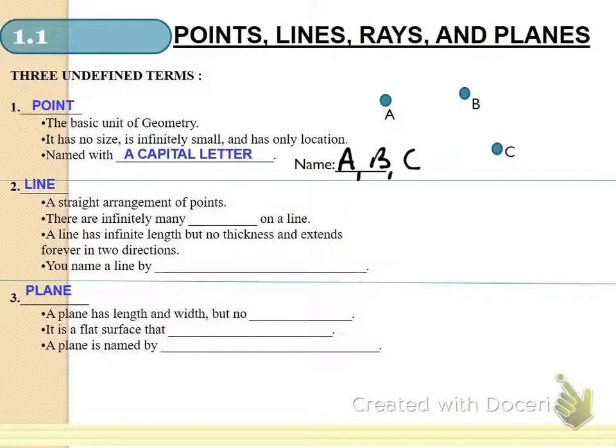Because we don't want to put them all together. We'll use that idea to name other things, right? So just A, B, and C there.